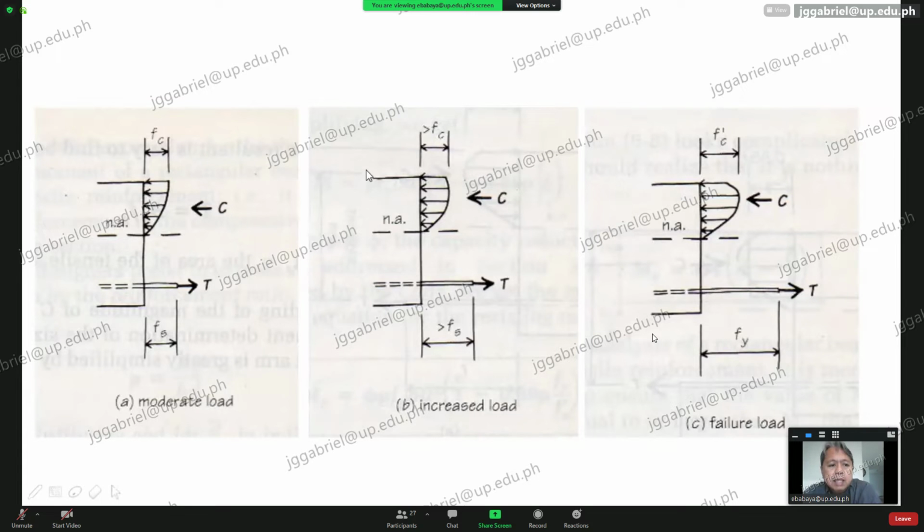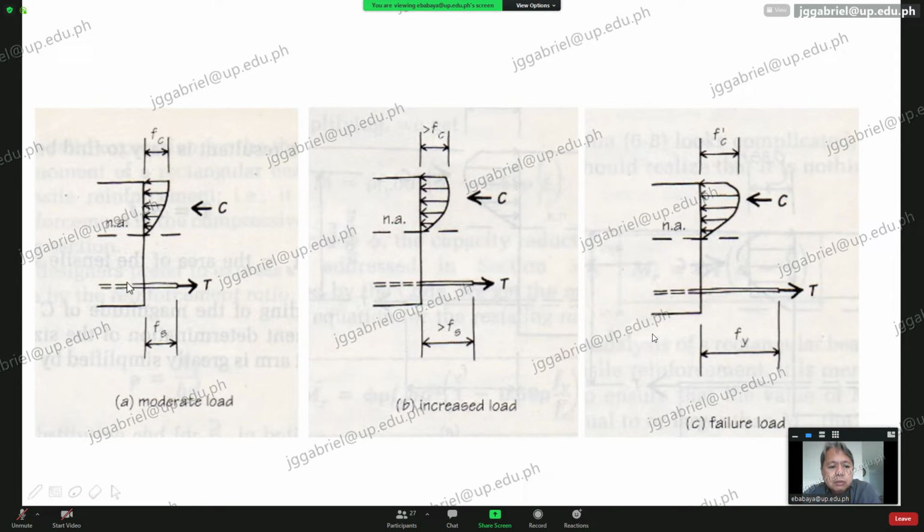Okay, now what happens to the singly reinforced beam as we increase the load resisted by our beam? Okay, moderate load. You have stress to your reinforcement.